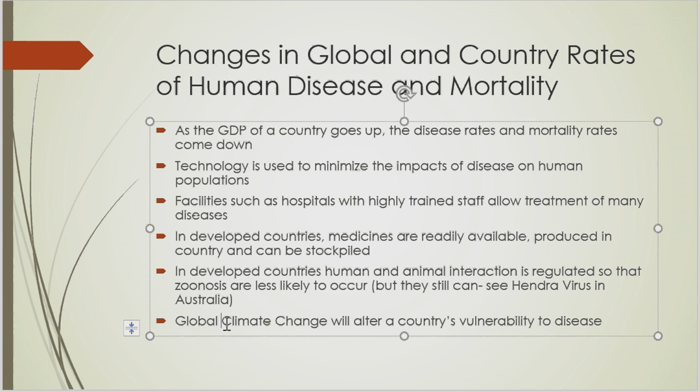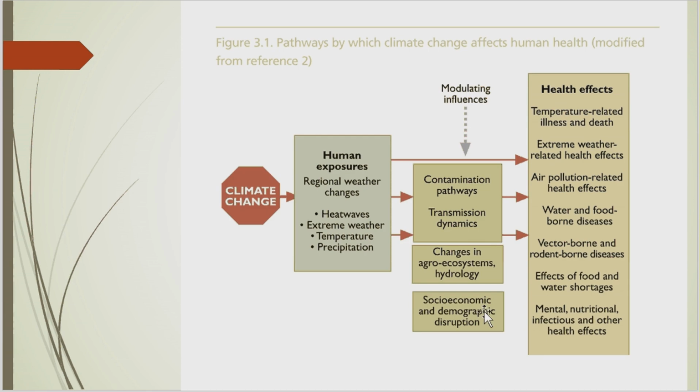Global climate change in the future is going to alter a country's vulnerability to disease. Okay, so with global climate change, there will be disruption in things like ecosystem services, which is going to alter a country's vulnerability to disease.